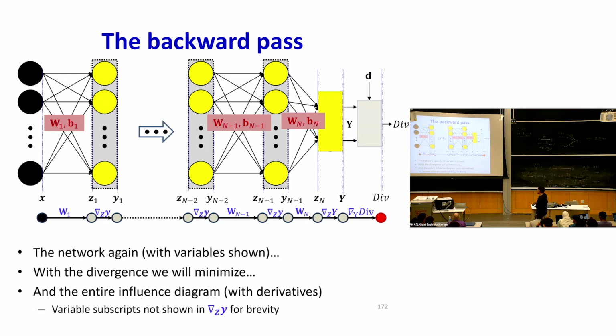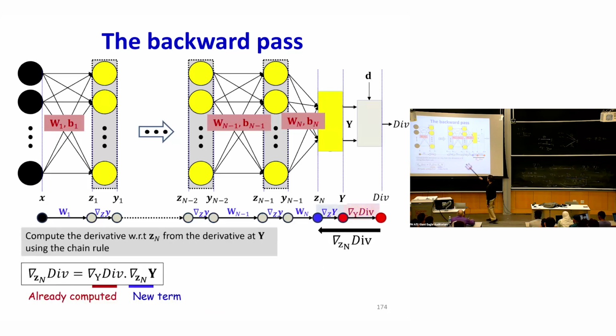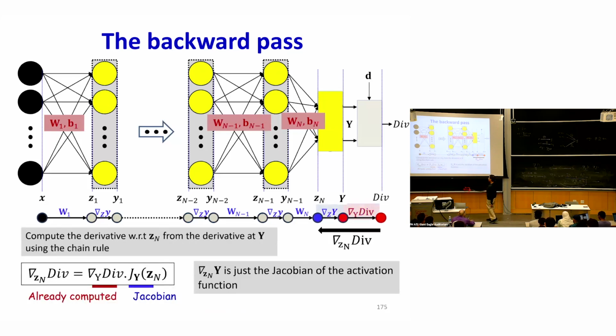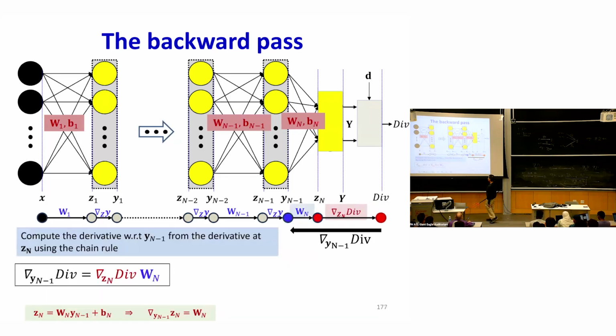And then when I work my way backwards, I can keep right multiplying derivatives, right? I have the derivative of the divergence with respect to this y, right multiplied by this Jacobian. And then, at this point, I have the derivative with respect to z. And now I can take a step back and right multiply by the weight matrix to compute the derivative with respect to the previous y.